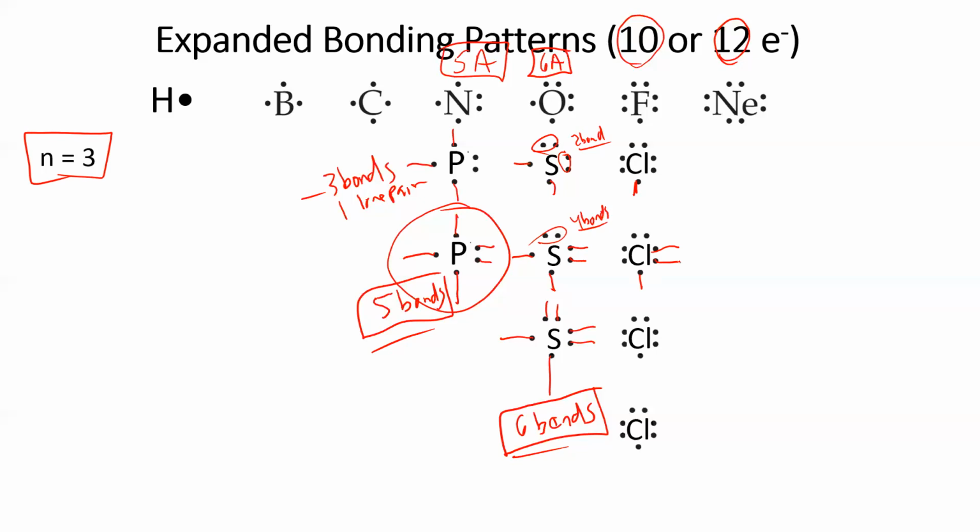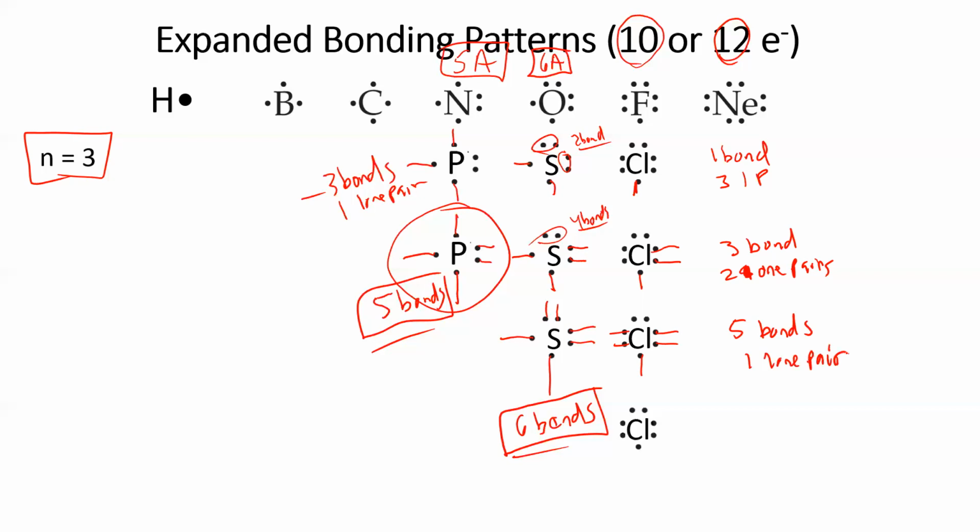So in this case, it has 1 bond, 3 lone pairs. Here it has 3 bonds, 2 lone pairs. And sometimes it can form 5 bonds and 1 lone pair.